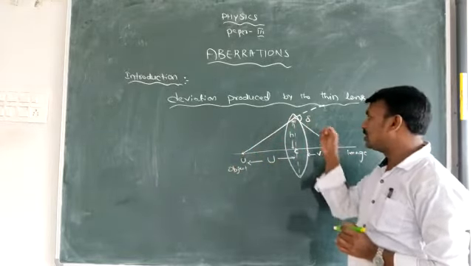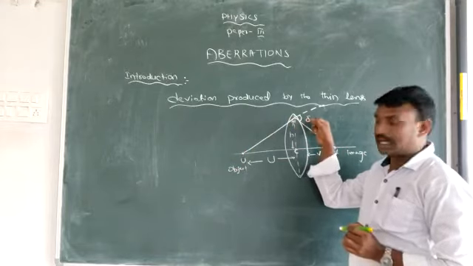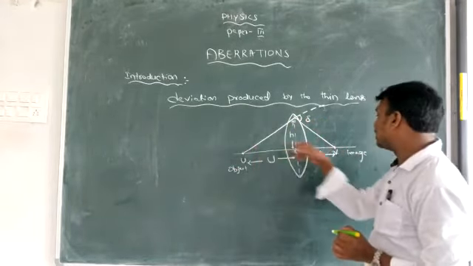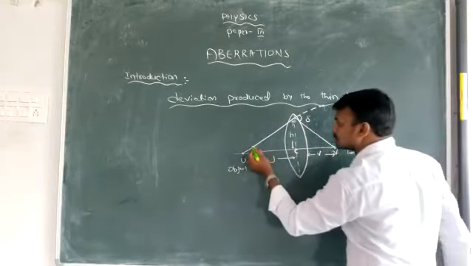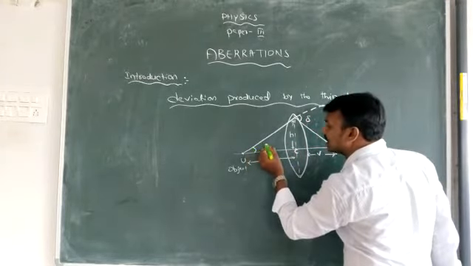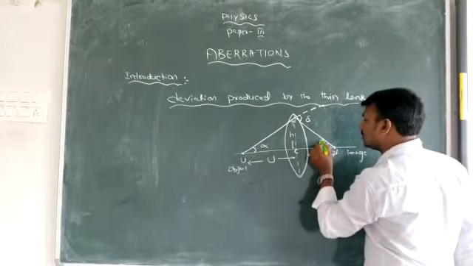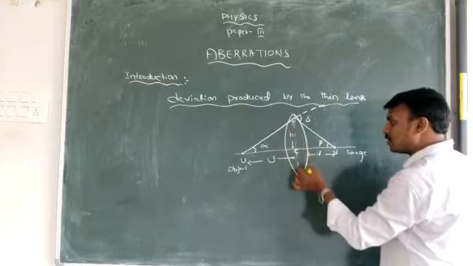That angle is called the deviation angle. This angle is indicated by alpha, this angle is indicated by beta, and the focal length.